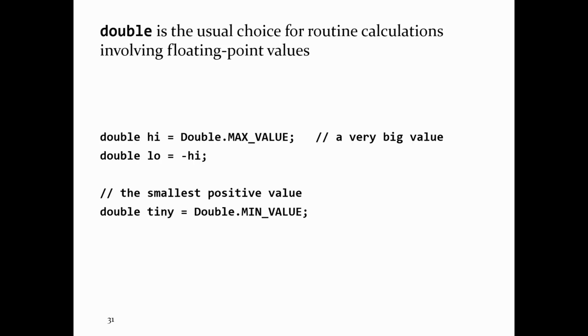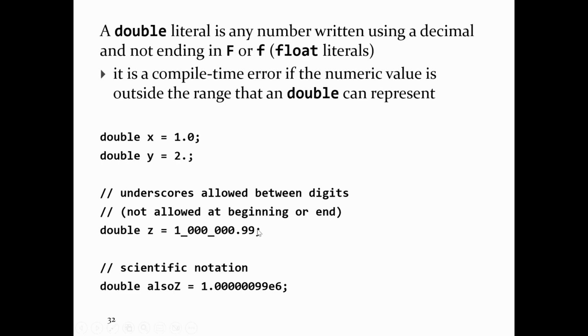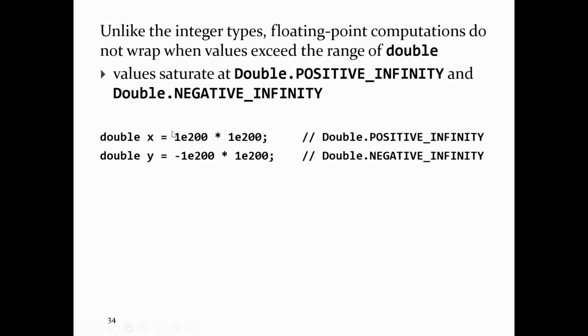With the floating point values, you don't get wraparound. For double, there is a largest double value that you can represent. That's not infinity. Minus that value is the most negative value that you can represent. That's not negative infinity. If you compute some value that exceeds the range of double, then it saturates.